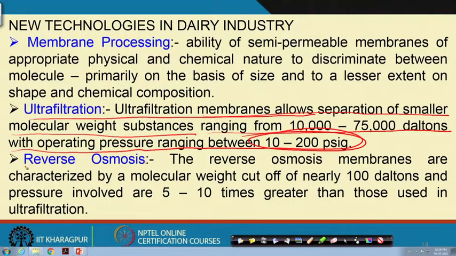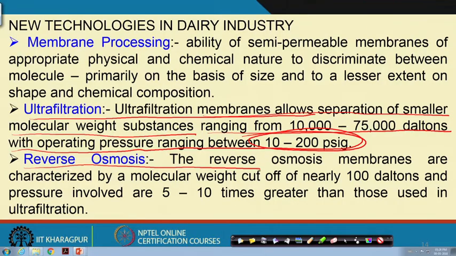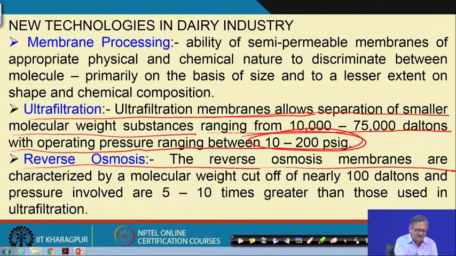Then reverse osmosis, right. As I said, the household filters are available with reverse osmosis, RO, and these RO filters are very popular nowadays, where these membranes are characterized by a molecular weight cut-off of nearly 100 daltons.